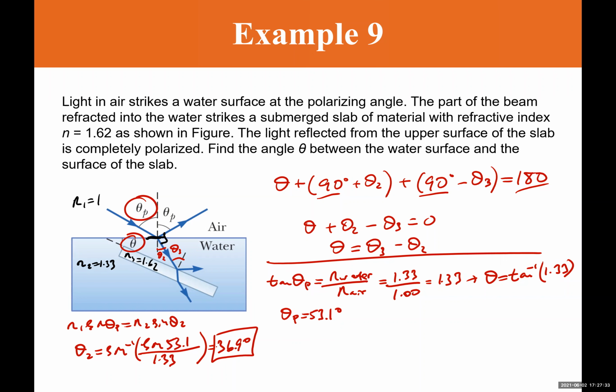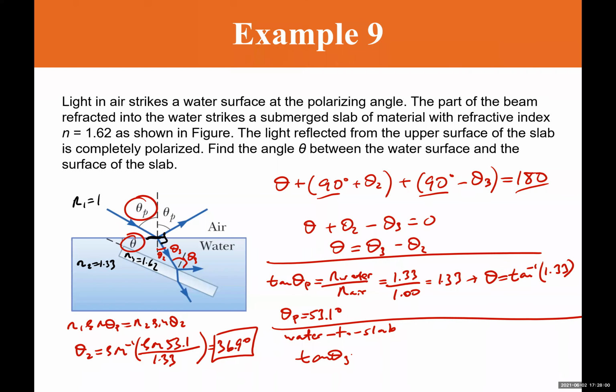Then for the water to slab interface, okay. Then what I have here is, using Brewster's angle again, tangent of theta 3 is, since that's the same as this one, theta 3, right?